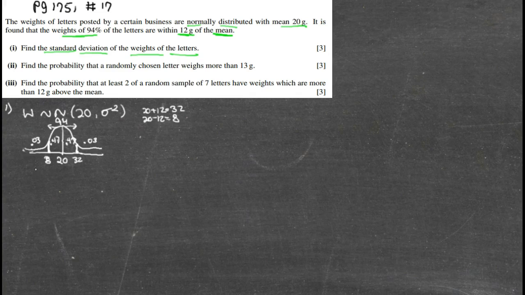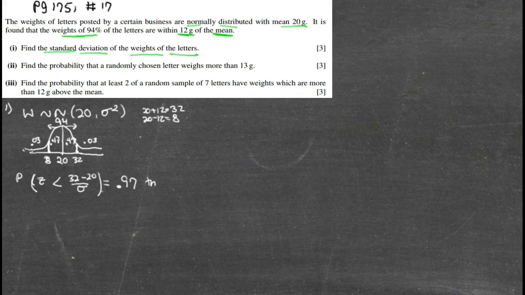All right, so if I find the probability, I use less than 32, because my table goes to the left. I'm going to use that whole probability of 97%.